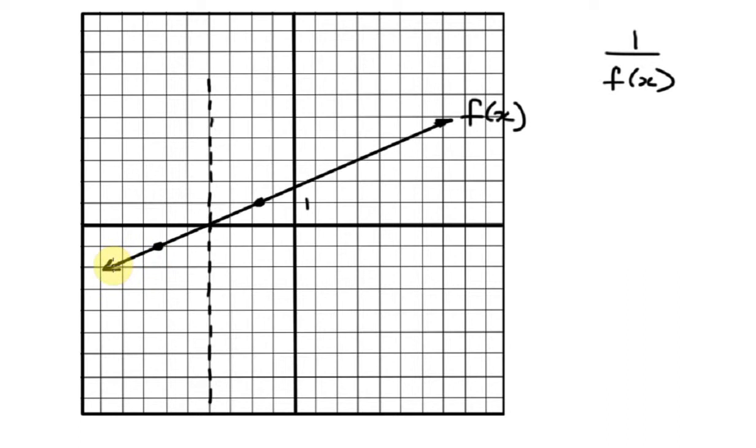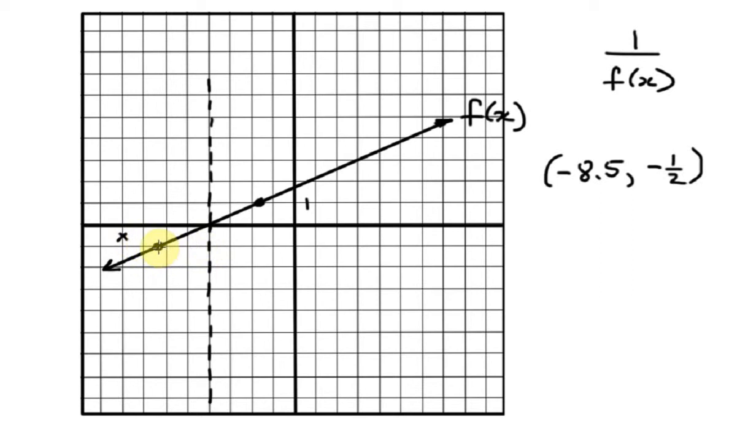Looks like about negative 8.5. And the y value of that point at negative 8.5 is negative 2. Now the reciprocal of negative 2 is negative 1/2. So this point is now up here at negative 1/2. I'm just going to mark the spot with an X.